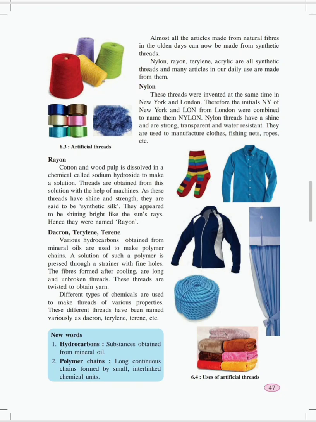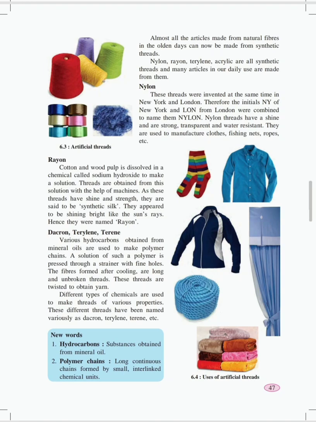So therefore it is given the name nylon, as it comes from New York and London in the beginning. Nylon threads have a shine and are strong, transparent and water resistant. They are used in manufacturing clothes, fishing nets, ropes, etc.